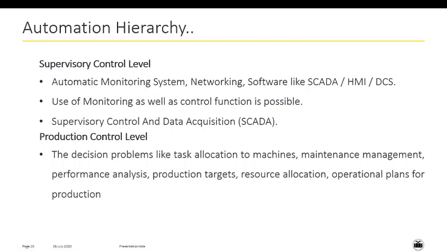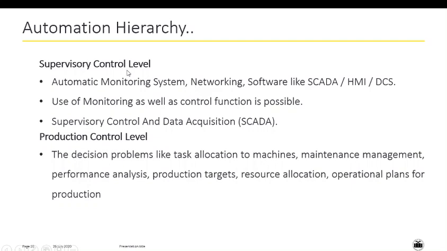The third level is the supervisory control level. The main job of this level is to supervise whatever work is done by the various kinds of controllers. Mainly PLCs are used for the controlling purpose. Its job is automatic monitoring of the system.